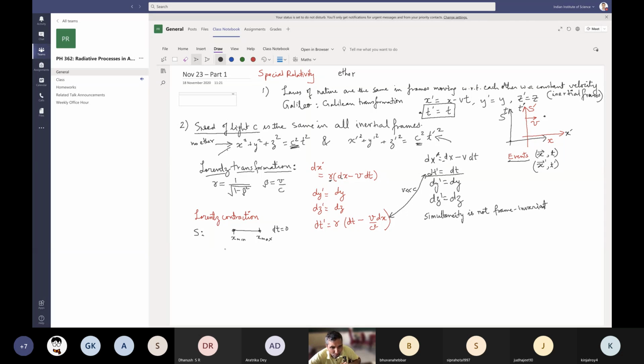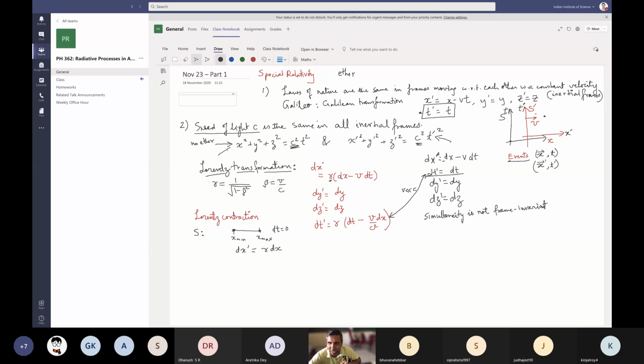In that frame, dx prime is equal to gamma dx, if dt is equal to 0. So what does it mean?